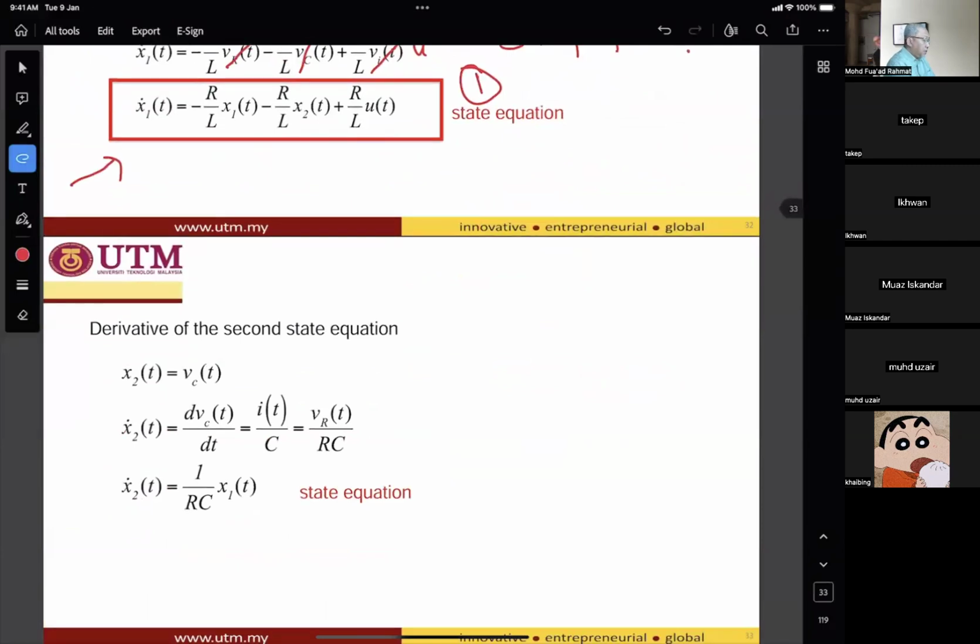For the second state equation, we know that x2 is equal to VC. So find x2 dot, the derivative, which is dVC over dt.